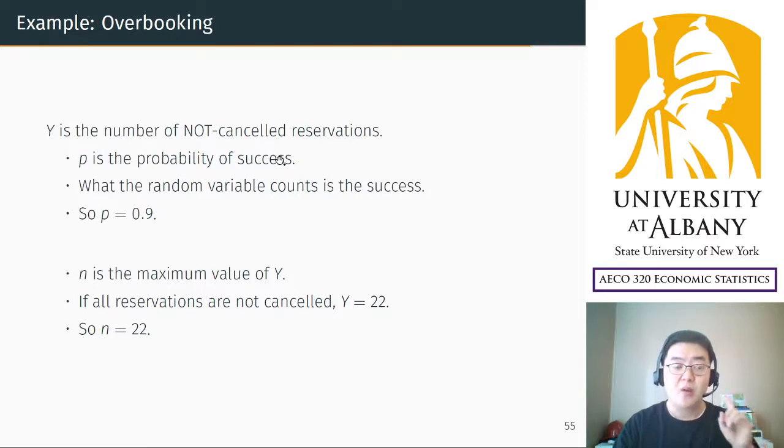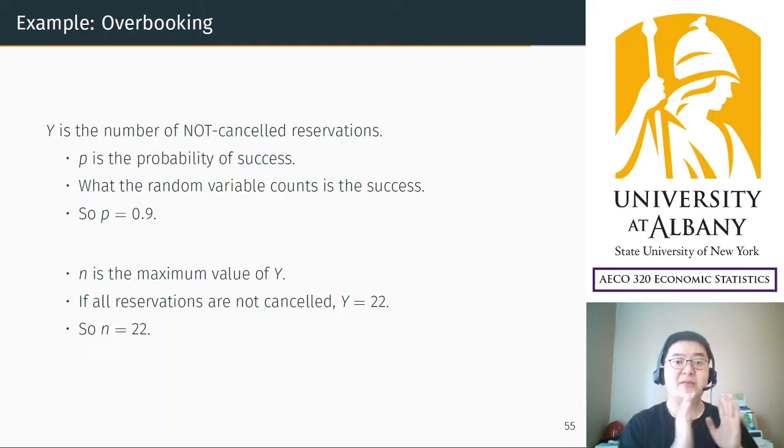The binomial distribution is defined as the number of successes, not failures.